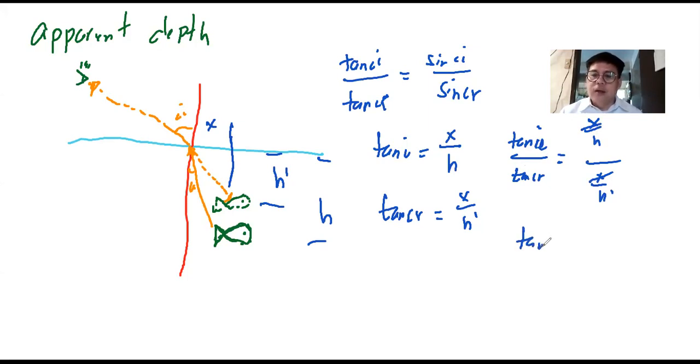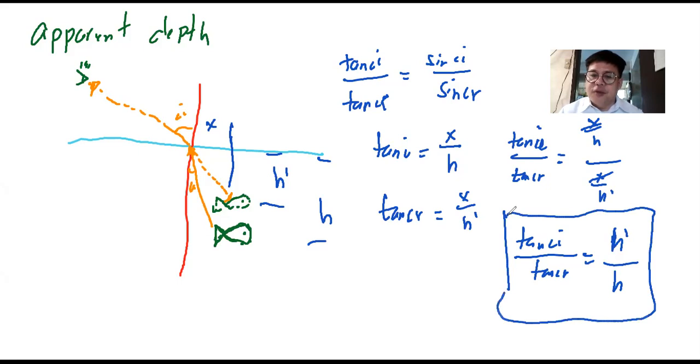So definitely tangent angle I all over tangent angle r is equal to h prime all over h, which is the height of the image. All right. So this is now the depth of a certain fluid or liquid or water, as we talk about the apparent depth.